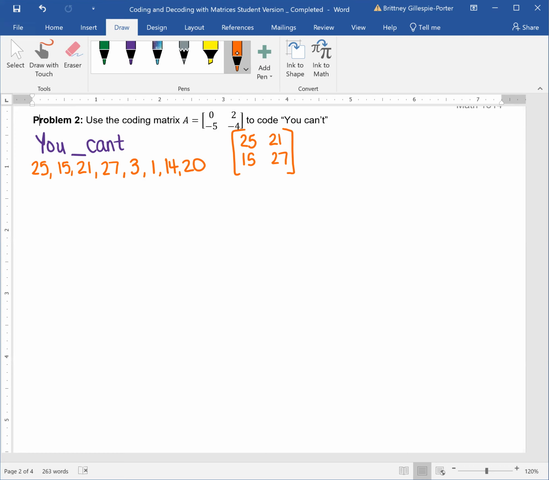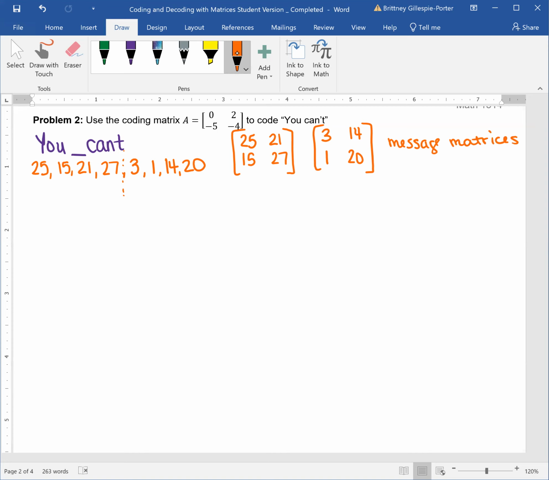All right, well, I left off right there. So my next one is going to be 3 with 1 below it, 14, and 20. So these are our message matrices, not coded message matrices, just regular message matrices.